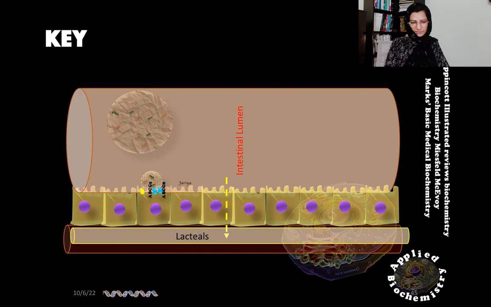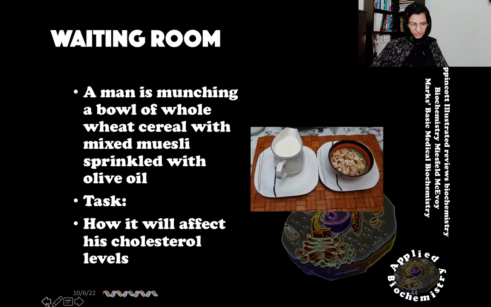So now back to the question: these phytosterols are present in the whole grain cereals. These are also present in the plant oils. So this man is consuming a breakfast consisting of whole grain cereals sprinkled with olive oil.